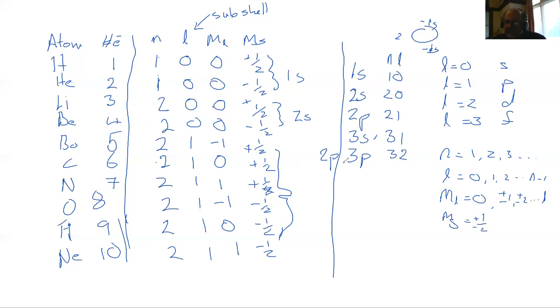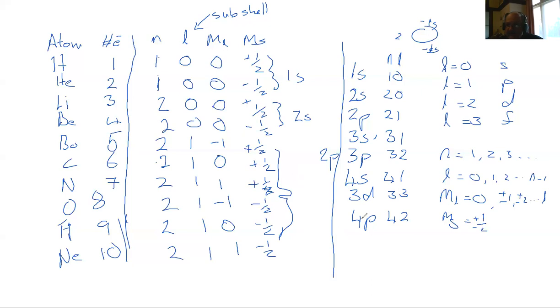But this is where it gets strange, because if we were just literally running these in sequence, the next one should be 3d. But in actual fact, it will fill up the 4s shell before it fills up the 3d shell. Then we fill up the 4p.